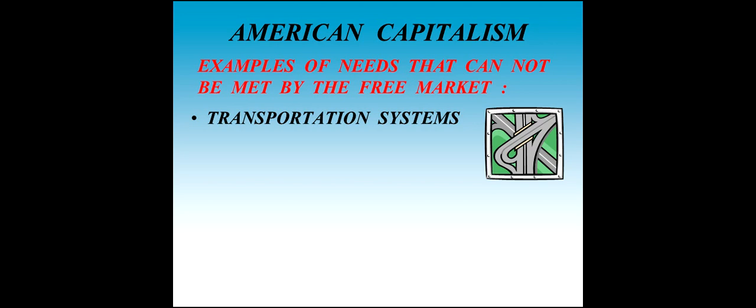Not the Bill Gates of the world, the Oprah Winfreys, or whoever you would like to suggest, has enough wealth to carry that for us. The government is involved in providing our transportation systems, and we do it collectively through the government, through our taxes, and that's how these are provided.